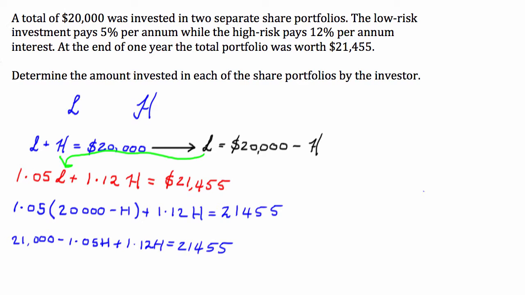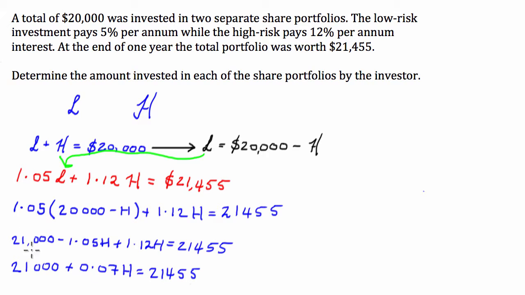So what I'm going to do now is combine my like terms, and what that means is I'm going to still have that 21,000, but I've got minus 1.05 plus 1.12, so I'm going to have plus 0.07h equals 21,455.